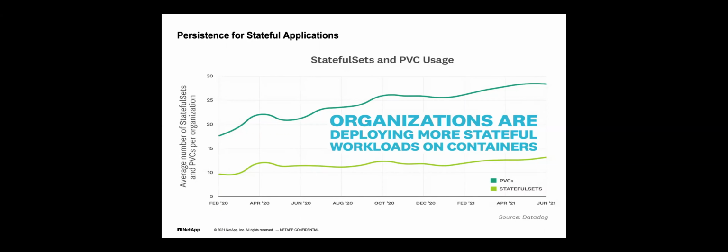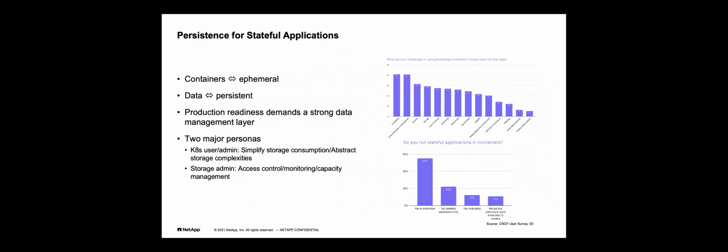The reality of Kubernetes is that it started with this idea, with containers and Docker, that everything would be ephemeral, that there would be no statefulness. The reality is, containers are ephemeral, the data is persistent. And there are very, very few truly, completely ephemeral applications.